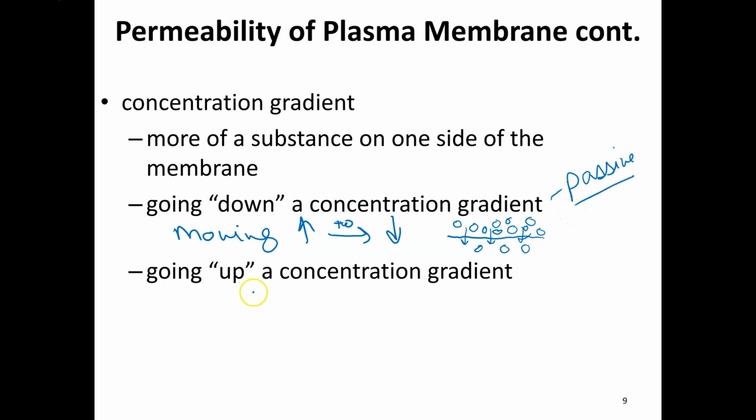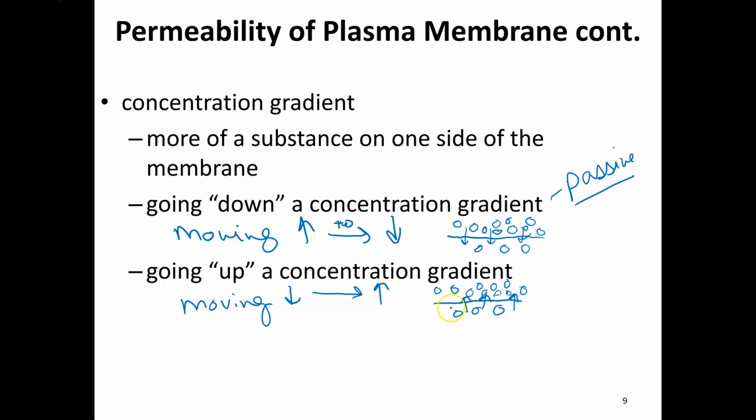If you move against a concentration gradient, that means you're moving in the opposite direction. So instead, you're moving from an area of low concentration to an area of high concentration. What that looks like, we have that same membrane and the same molecules, but in this case, they're moving up.